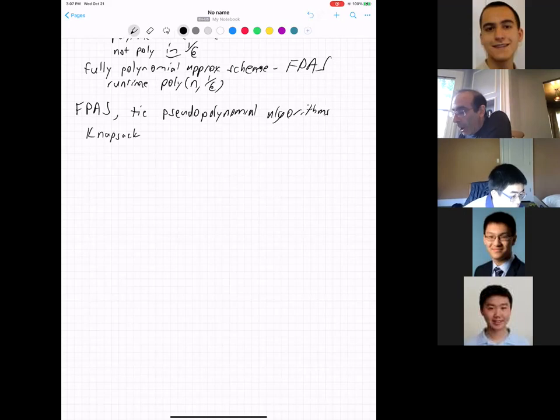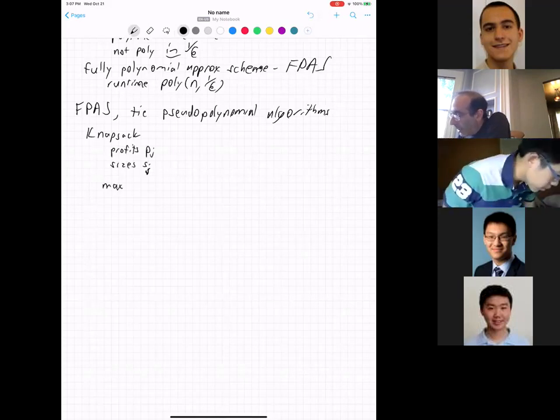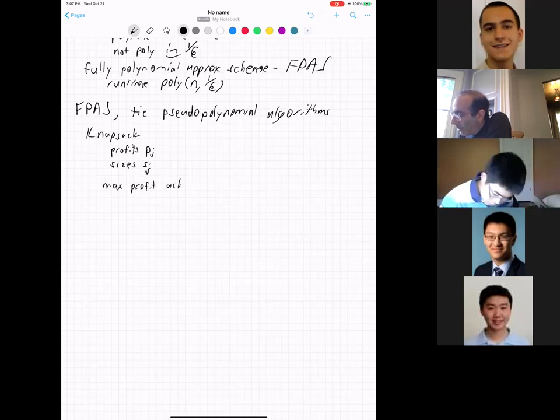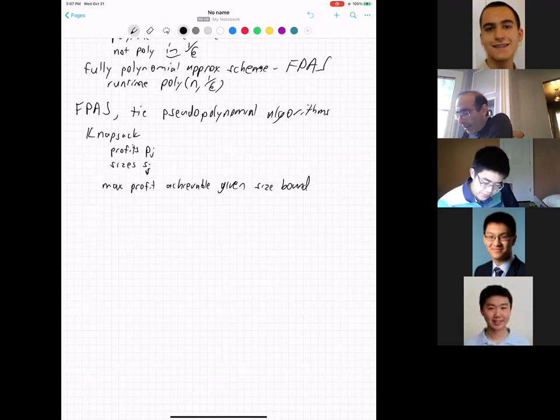You'll recall that the idea here is that we have profits Pj for each item and sizes Sj, and we're asking for the maximum profit achievable given some size constraint, which I will denote by S. And I'm now going to assume, in order to derive a pseudo-polynomial algorithm, that the sizes are integers.